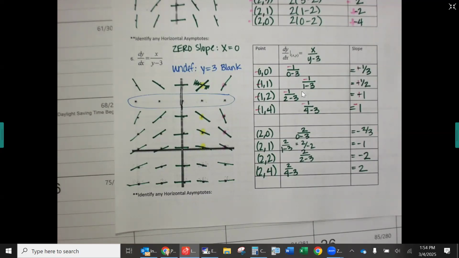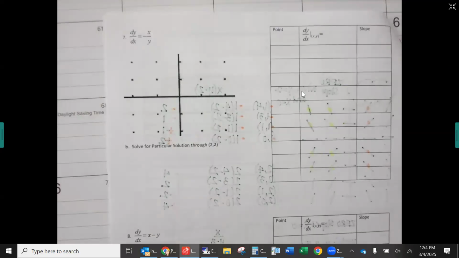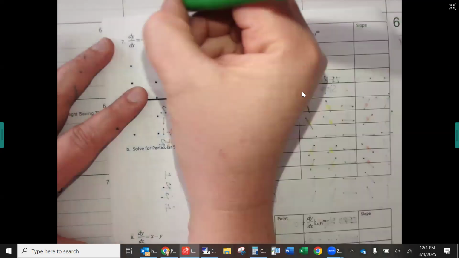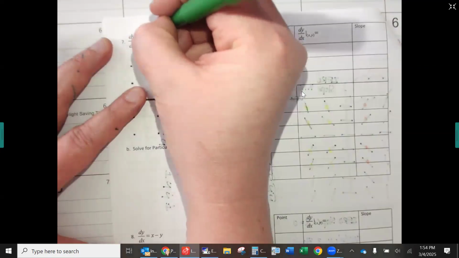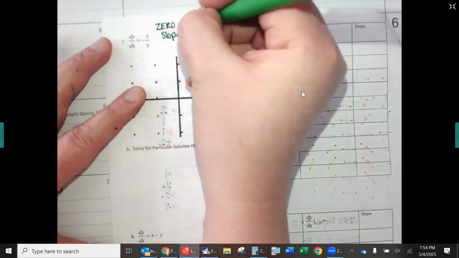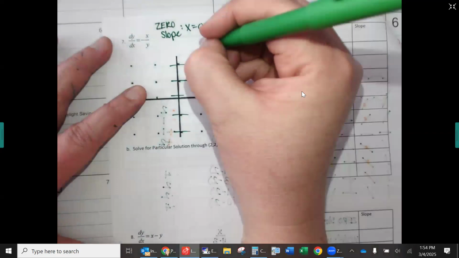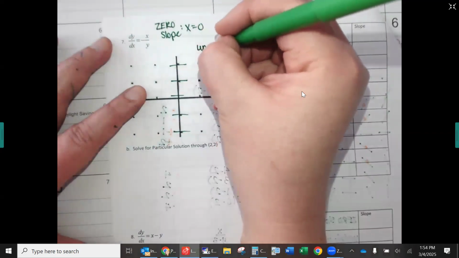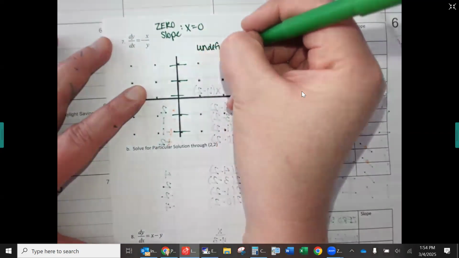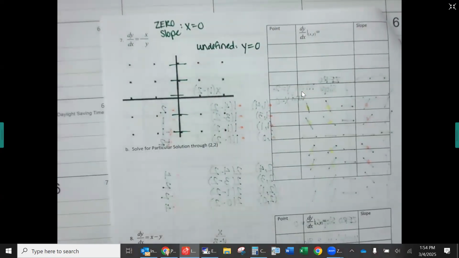Good now? Okay. What will make this a 0 slope or a flat slope? Okay, very good. If x is 0, then I should have flats. What will make it a vertical or undefined slope? Y is 0. Because remember, if y is 0, that's going to 0 out the bottom, and you can't have a 0 on the bottom.